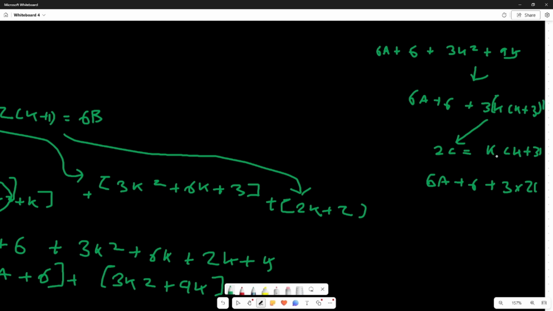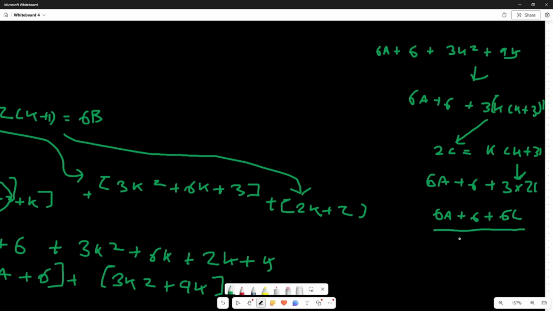So 2c would equal k plus k plus 3. Now this is going to be multiplied by 2c. And what's 3 times 2? Well, it's obviously going to be 6. So 6a plus 6 plus 6c is our answer.